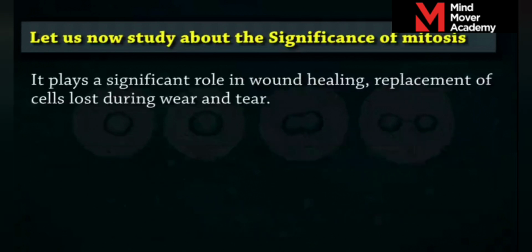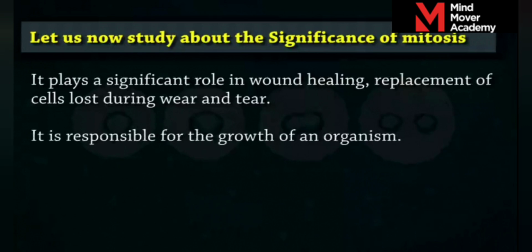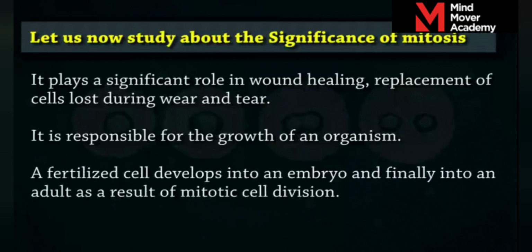It plays a significant role in wound healing and replacement of cells lost during wear and tear. It is responsible for the growth of an organism. A fertilized cell develops into an embryo and finally into an adult as a result of mitotic cell division.